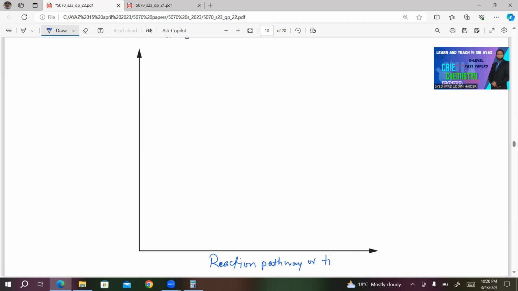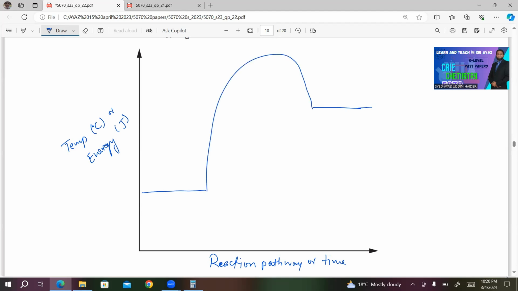On the y-axis you have temperature in centigrade, or energy in joules. So the product will be at the high energy state. If this is the reactant, this must be the product. Now I'm going to draw the energy hump between these two. This is the energy hump.